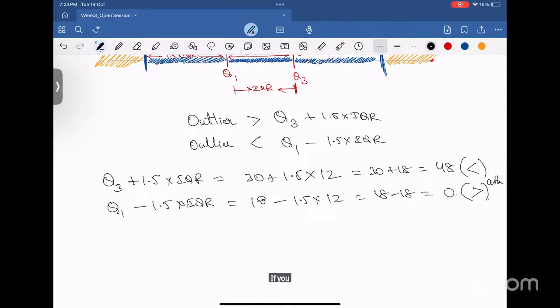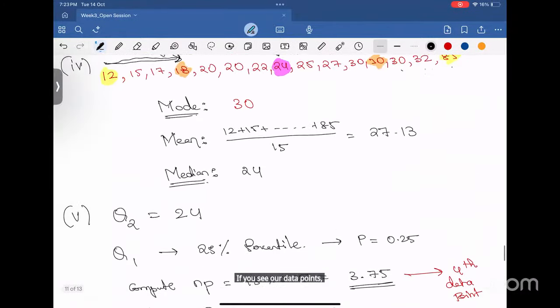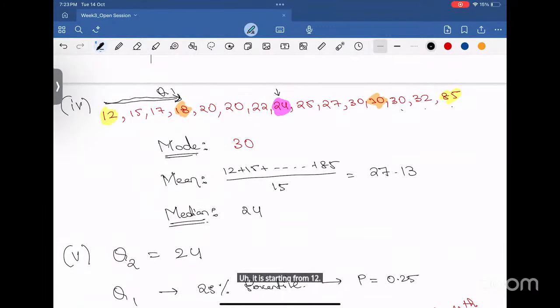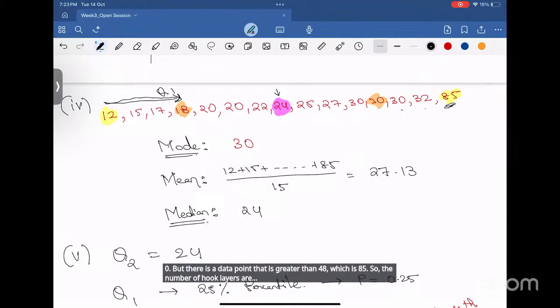If you see our data points, it is starting from 12. So there is no data point that is lesser than 0. But there is a data point that is greater than 48, which is 85. So the number of outliers is 1, and that is 85.